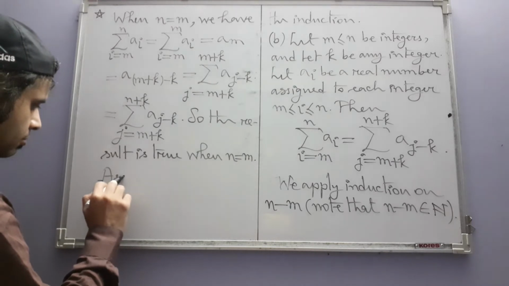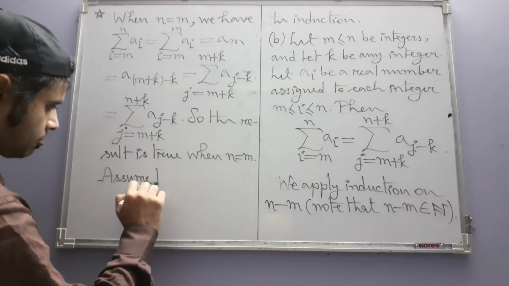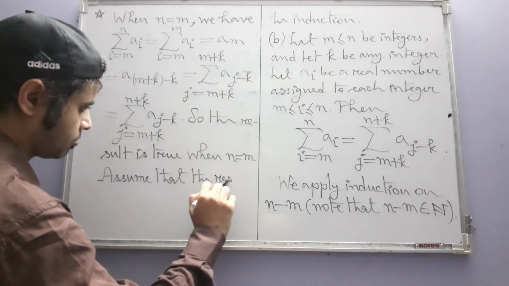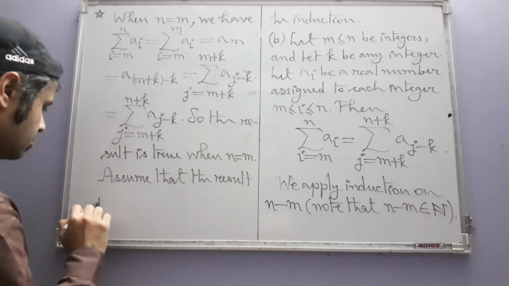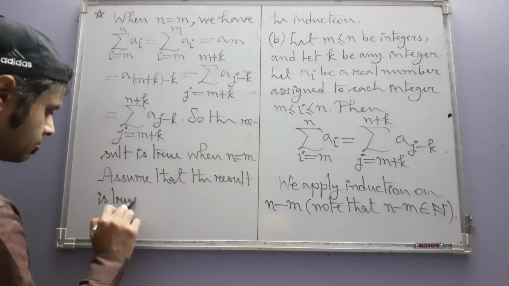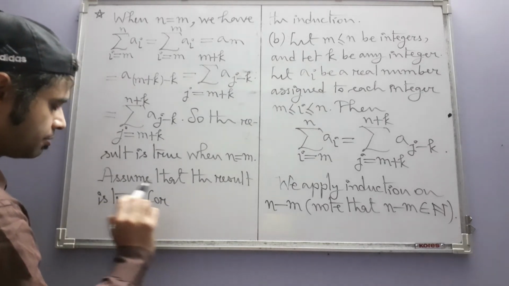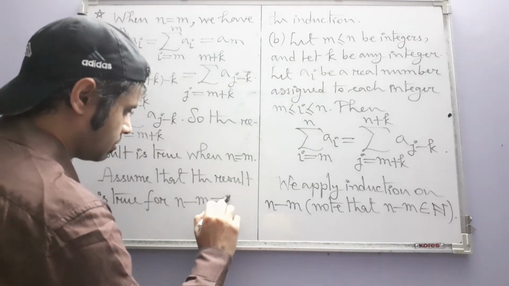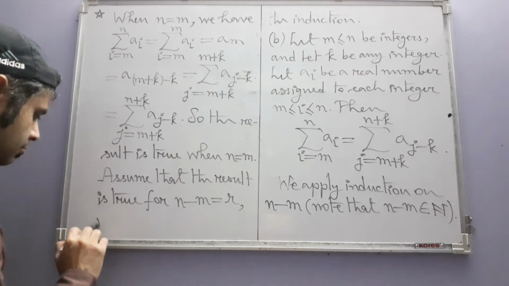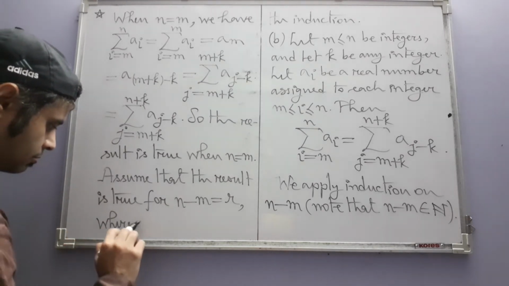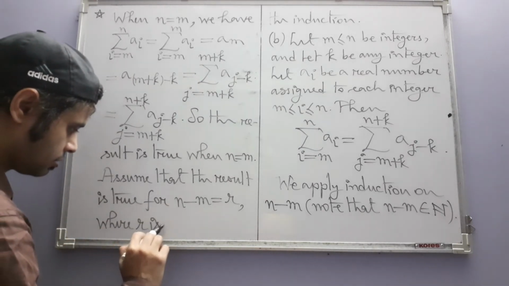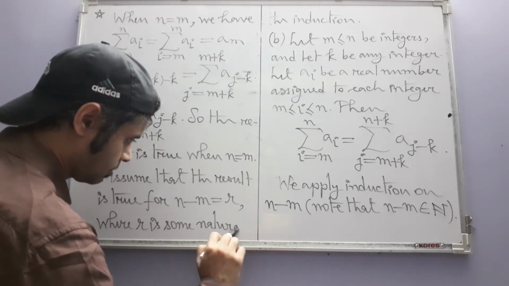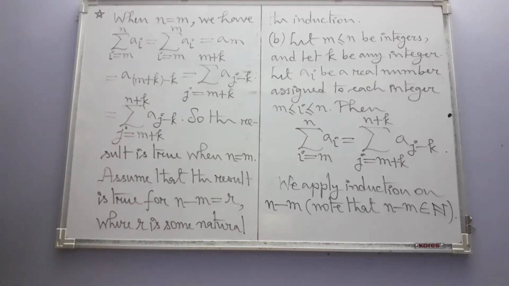Assume that the result is true for n minus m equal to say r, where r is some natural number.